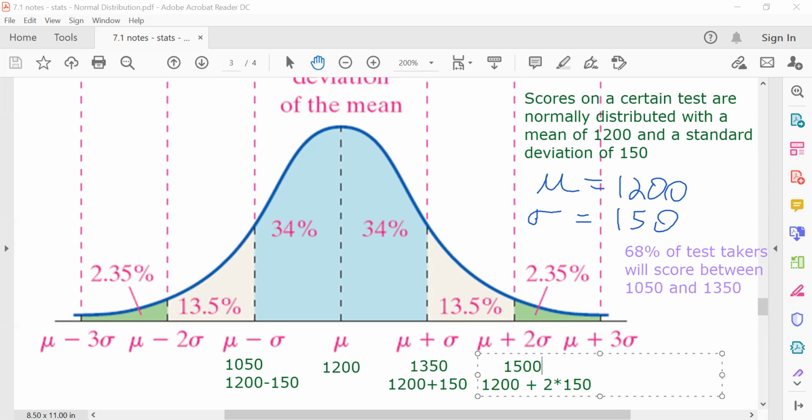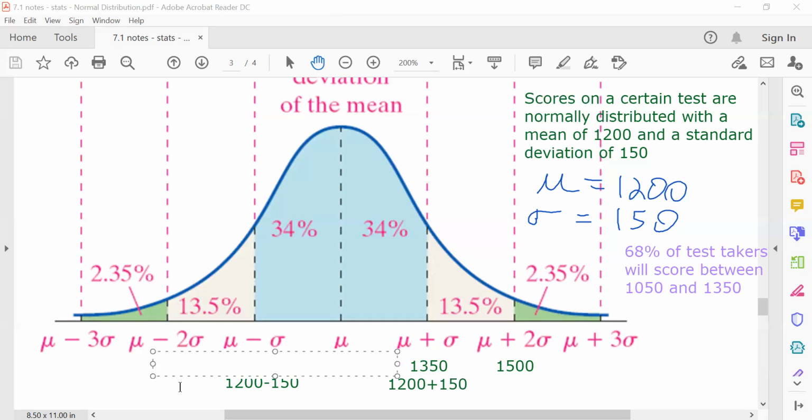That's going to end up with a 1500 score. There's not enough space on this, so I'm going to have to delete that. But basically, a 1500 score is 2 standard deviations above the mean. Down here, 2 standard deviations below the mean, you got to do 1200 minus twice the standard deviation. That's 1200 minus 2 times 150. That's going to give you exactly 900.